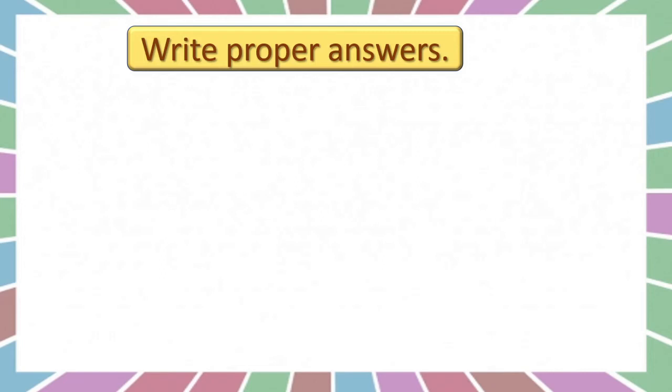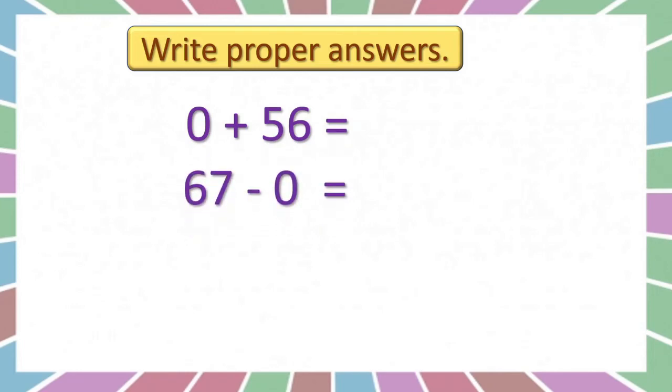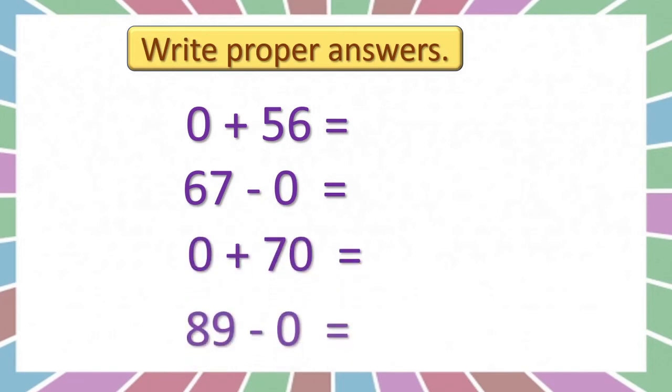Right? Now if it is yes, then you will give the proper answers to our sums. See here, 0 plus 56, 67 minus 0. 0 plus 70, 89 minus 0. Okay, now we will move to the first one. 0 plus 56. Yes, what is the answer?